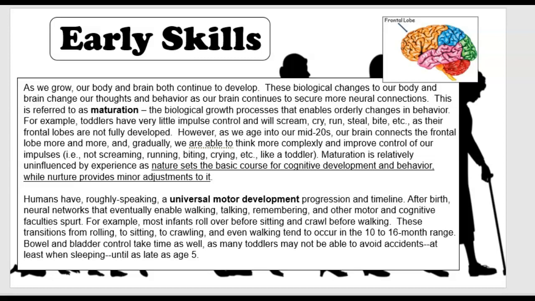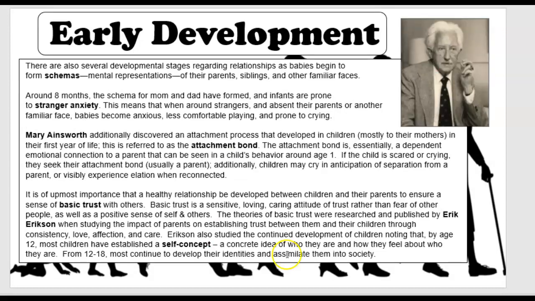Okay, early development. I was just talking to my mom about this actually. There are several developmental stages regarding relationships as babies begin to form schemas. We actually watched a video about this, if you remember. Think of schemas as little clusters of information.